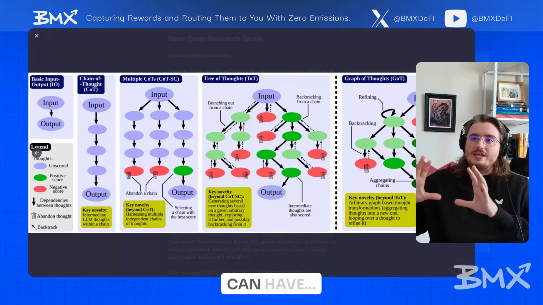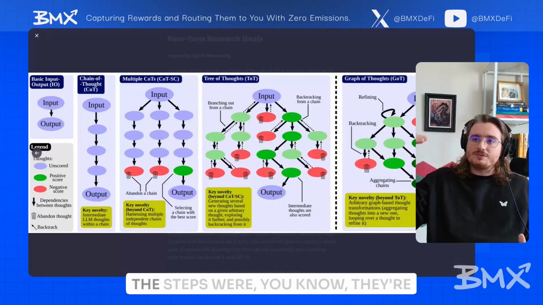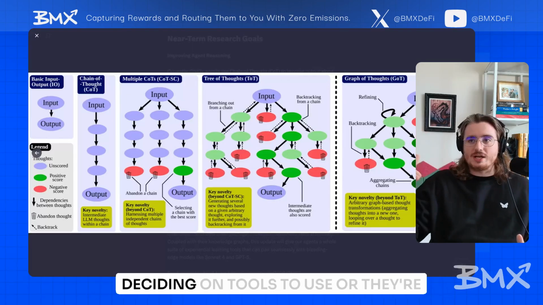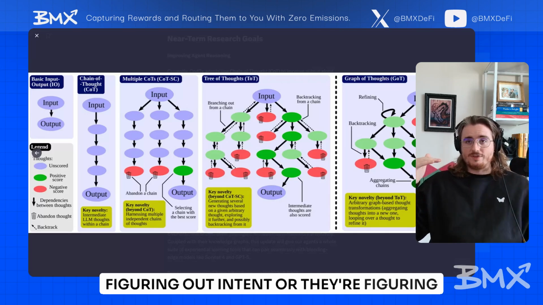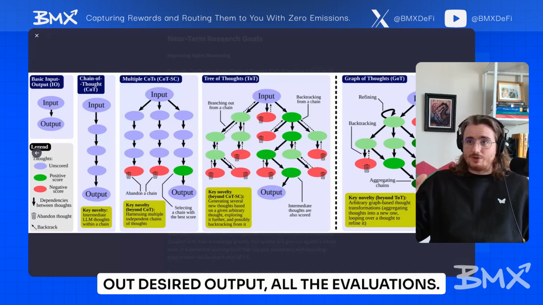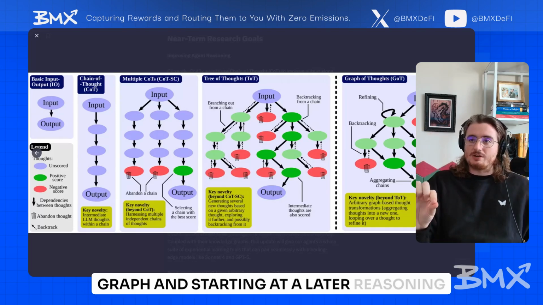And next time the user talks to their agent, if they're asking for something similar to what's described in the graph, all of the steps where they're deciding on tools to use, or figuring out intent, or figuring out desired output, all the evaluations, we can skip past those by reading the graph and starting at a later reasoning process.